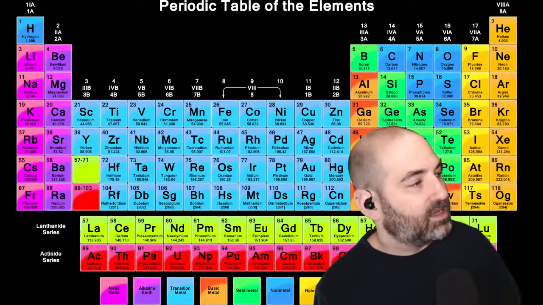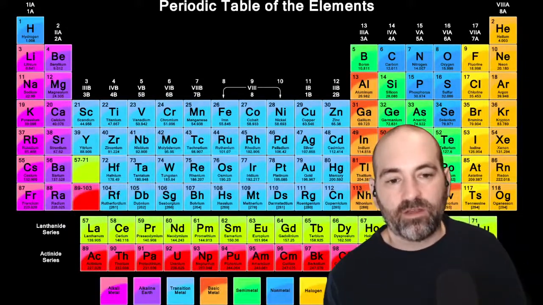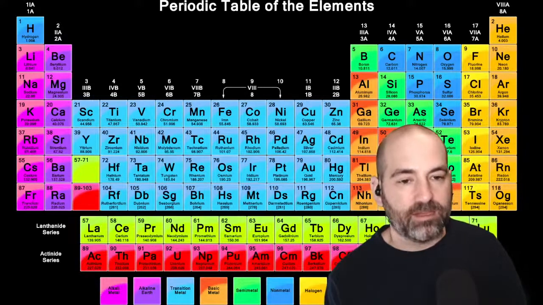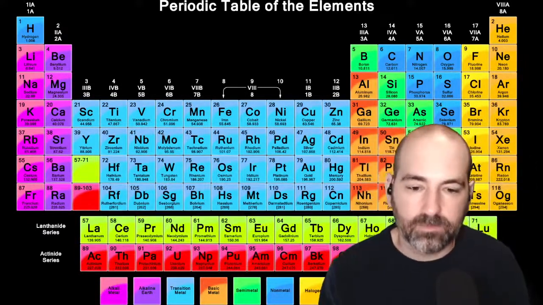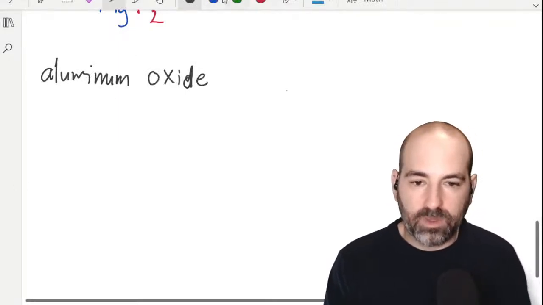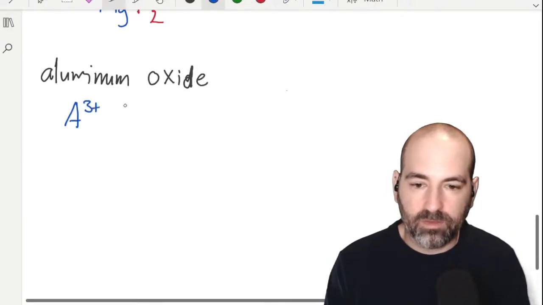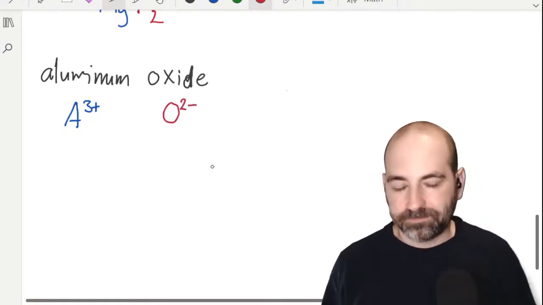So oxide, even though those names are a little different, it is true that the anion names often change and have "ide" at the end. And so oxide here is going to be -2. So we can write those down. Aluminum 3+ or +3, and oxide 2 minus or minus 2.